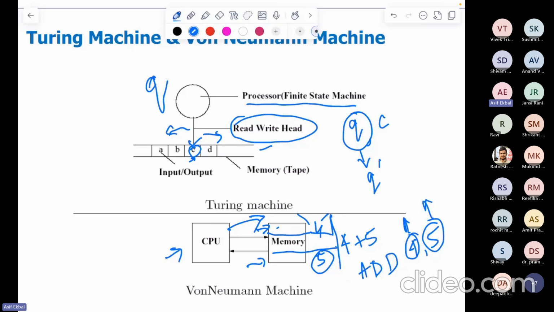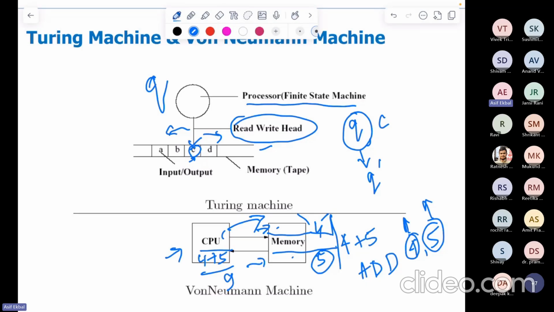You are sending an instruction, and then these 4 and 5 are retrieved from the memory and sent back to the CPU. The CPU has an arithmetic processing unit. It performs that operation, 4 plus 5 is 9, and then again it sends it back to the memory. So that is how the interaction happens between the CPU and the memory, right?